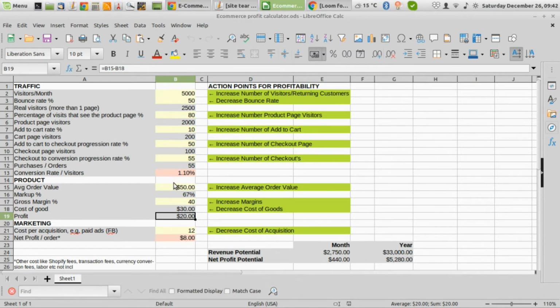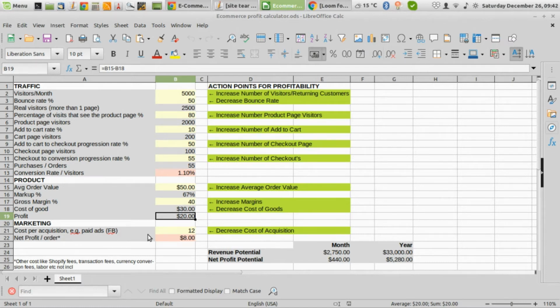So from a $50 sales price on the product, our profit is $20, and we will have a markup of 67%. All these are industry standard numbers, so they are really close to what most stores have. Again, it might vary from industry to industry, from product to product, from niche to niche. And now finally, obviously, in the first place, you need to get people to your store.